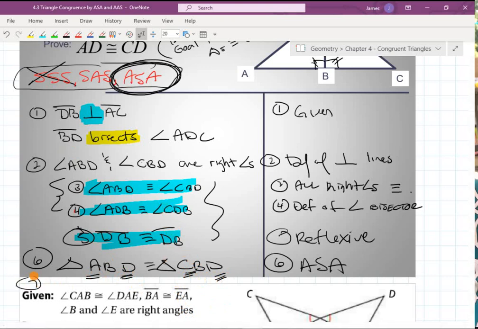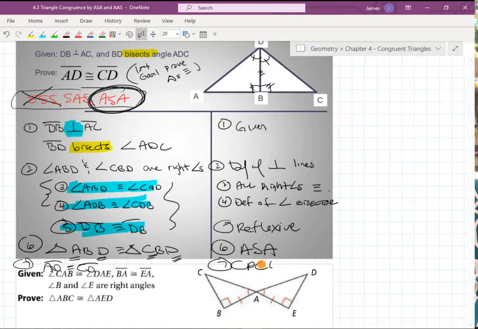So you can say step 7, AD is congruent to CD. And our reason for that is CPCTC. You guys remember what CPCTC stands for? I gave that question on the quiz on Friday, right?